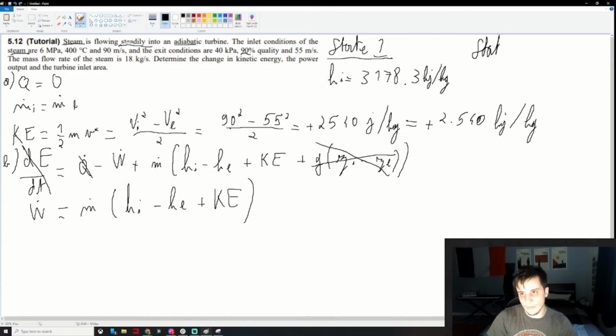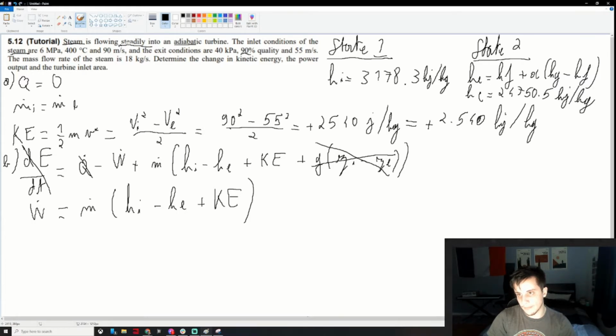And then for state 2, we're going to have to use that quality equation: H_e is equal to H_f, the specific enthalpy for the saturated liquid, plus the quality times the specific enthalpy of the saturated vapor minus the specific enthalpy of the saturated liquid, and that should give you a value of 24750.5 kilojoules per kilogram. Okay, and now we have all our values. So yeah, we can go ahead and calculate.